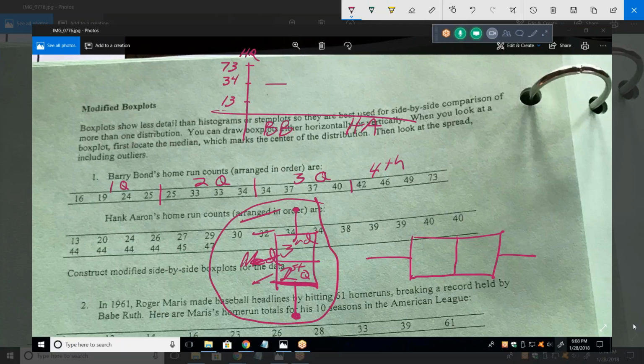The third ends at 40. So we'll call that 40. Call that the third, that the second. And then where's the bottom end of that?